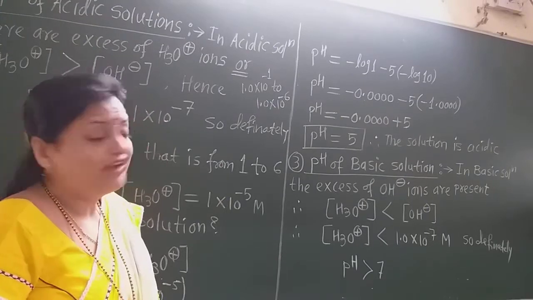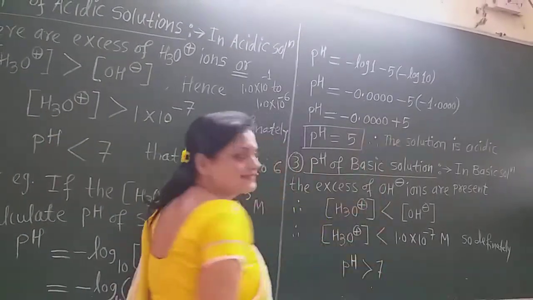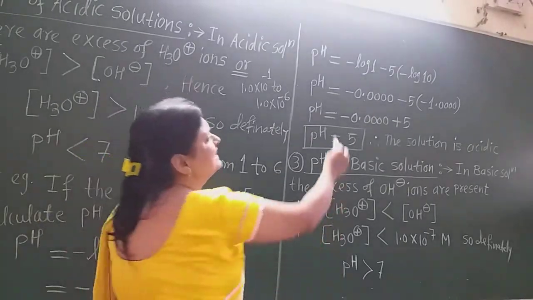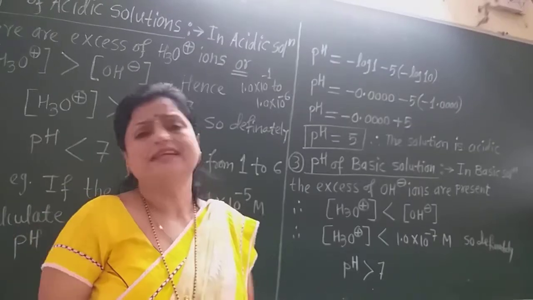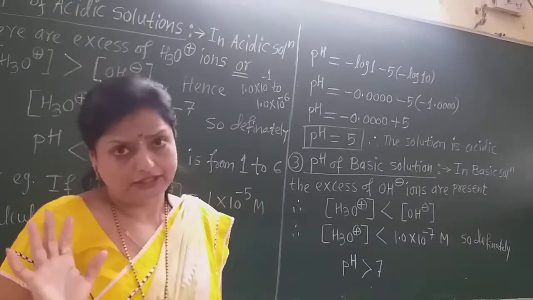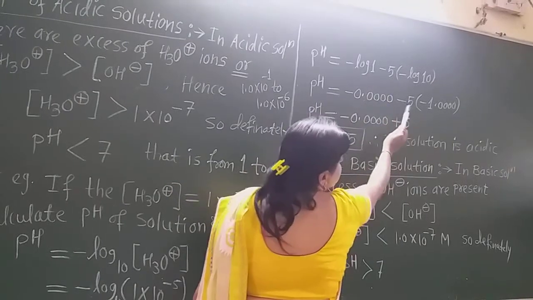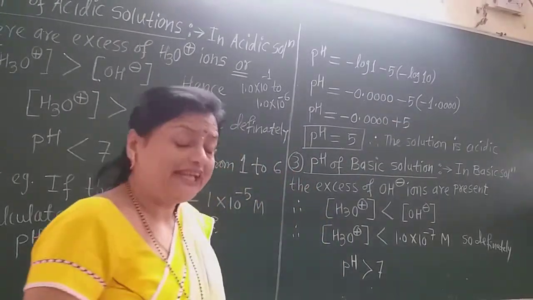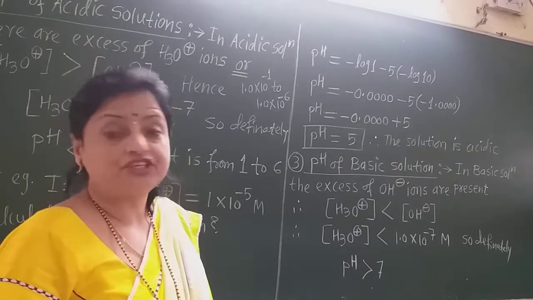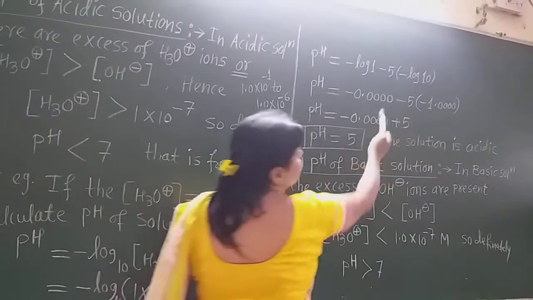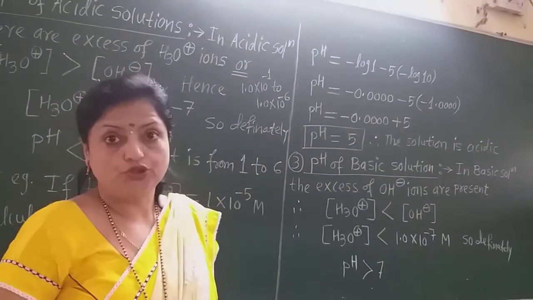Now the value of log of 1 is 0.0000, as the characteristic is 0. Although there is a minus sign, 0 does not have a plus or minus sign, so it is 0 only. Now this minus 5 is as it is, and what is the log of 10? Log of 10 is 1.000 because the characteristic is 1, but as there is a negative sign, we write minus 1.000.